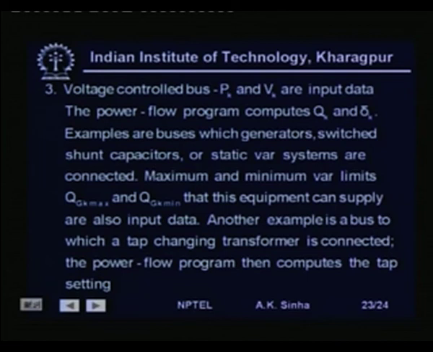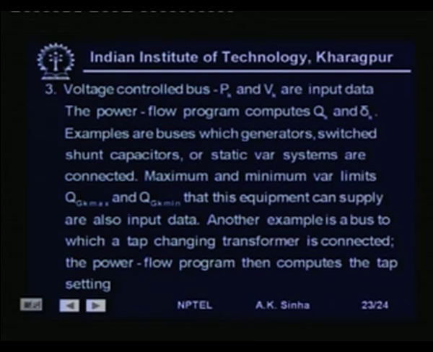Now, these bus bars are generally the generator bus bars or switched shunt capacitors or static var systems. So bus bars which have these are generally PV bus or voltage control bus.